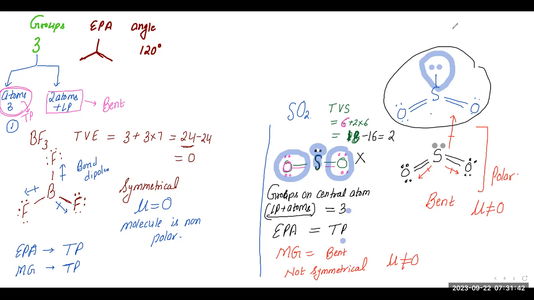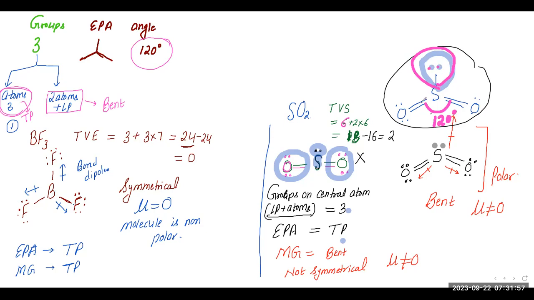So what is the angle expected in trigonal planar? 120 degrees. So what is the angle expected here? 120 degrees. But lone pairs can cause distortion.